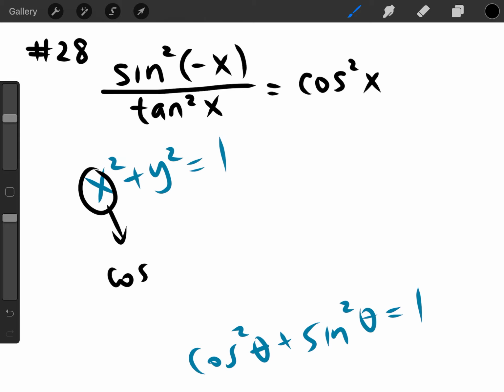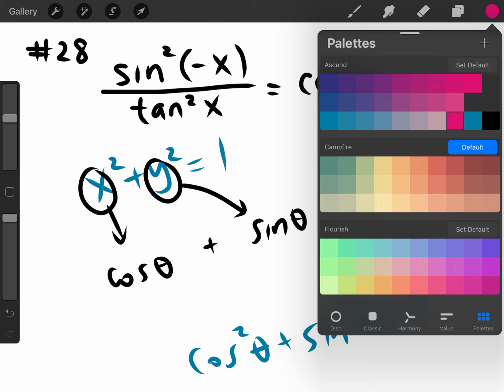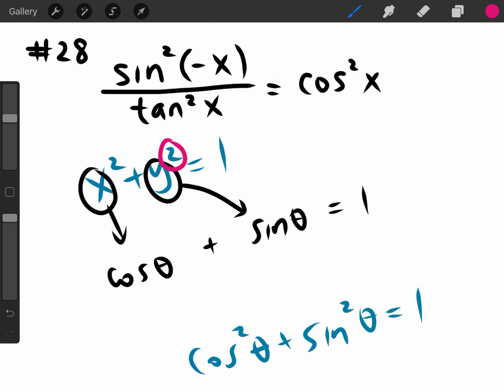Because earlier in the previous preview video, I told you guys that every time you see x, it's basically cosine theta, and if you see y, it's basically sine theta.